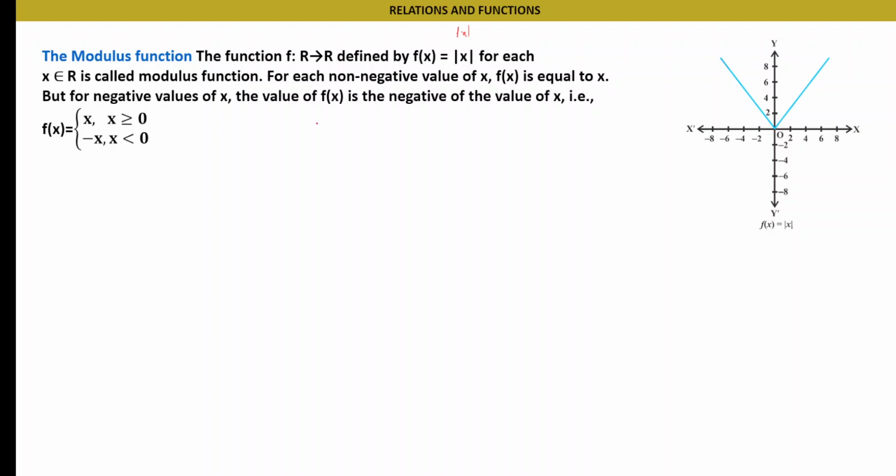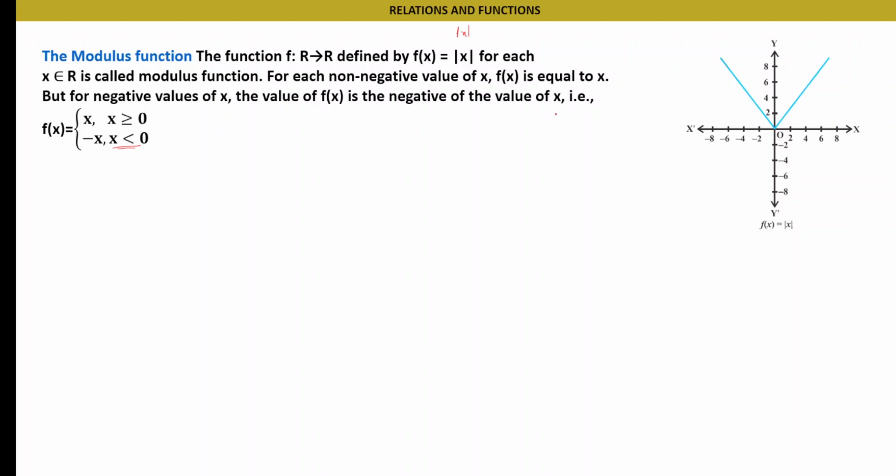But for negative values of x, the value of f(x) is the negative of x. That is, we define the function such that f(x) equals x if x is greater than or equal to 0, for all positive values it is x only, and f(x) is equal to −x if x is less than 0. For all negative values, it will be the minus of the given value.